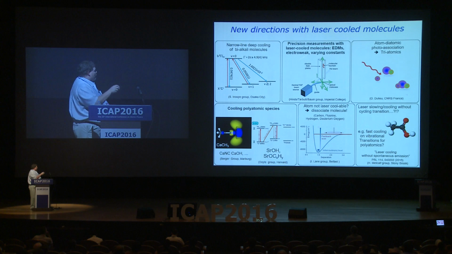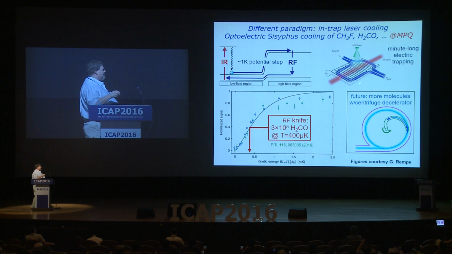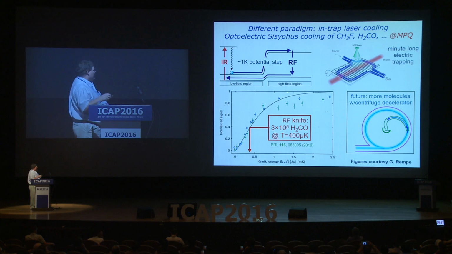Let me just say a bit more about these two applications. So for polyatomic species, I can't talk about this field without mentioning the absolutely beautiful work from the groups of Gerhard Rempe and Martin Zeppenfeld at MPQ, where they've used a completely different paradigm for laser cooling of molecules, where instead of free space laser cooling like we're used to for atoms, they do in-trap Sisyphus cooling.